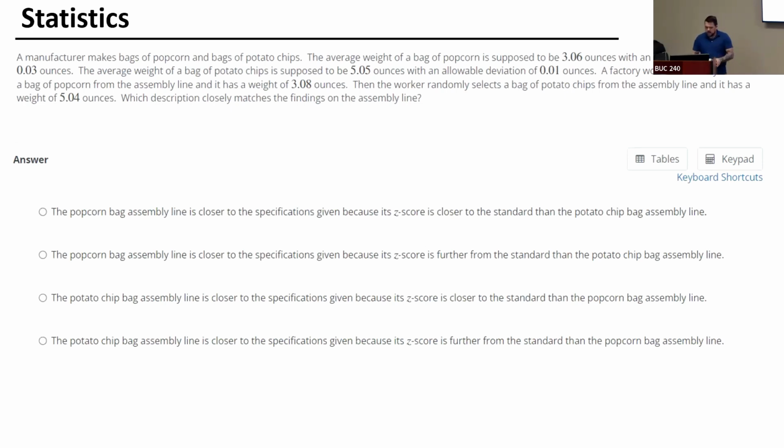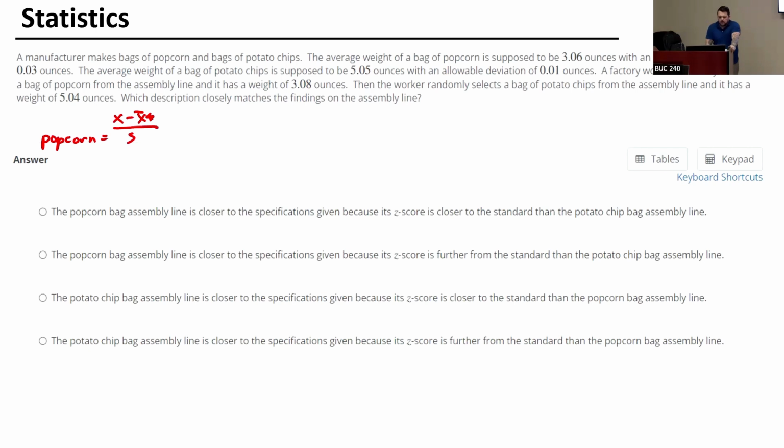The very first one I'm going to look at is the popcorn. Can anybody tell me if I'm going to be using a sample or a population? Sample, because he samples the assembly line. So that is going to be our x minus x bar, all over the sample standard deviation.